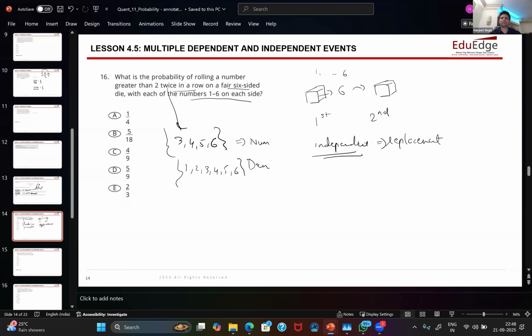So the probability on the first roll is 4 by 6. In the second, since the die is rolled again, it is again 4 by 6. I will simplify before multiplying. This is 2 by 3 squared, so 4 by 9.